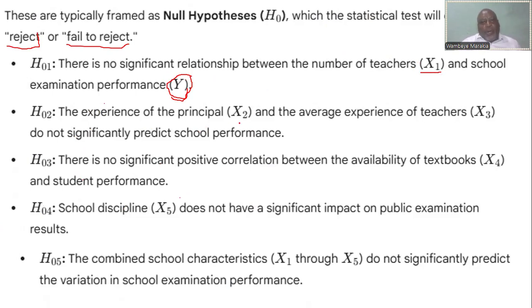The second independent variable is X2. The third independent variable is X3. The fourth independent variable is X4. But we are going to have X1, X2, X3 and X4.